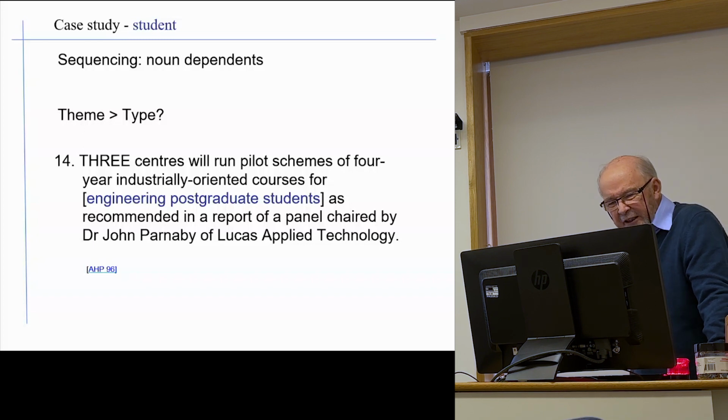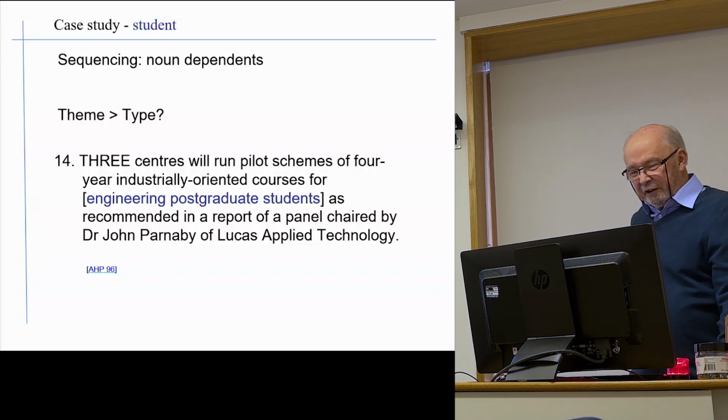Now, what does that mean? Does it mean that we abandon the complement idea, at least the rigid ordering idea, completely? Do we have a separate category of theme which somehow occurs before type in our ordering constraint? No, I don't really like those ideas at all.